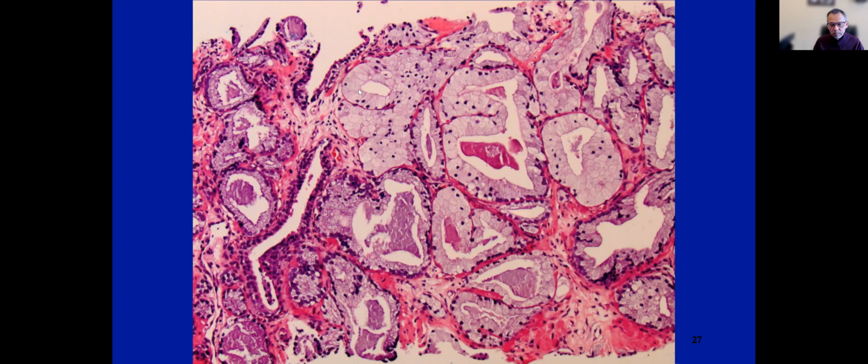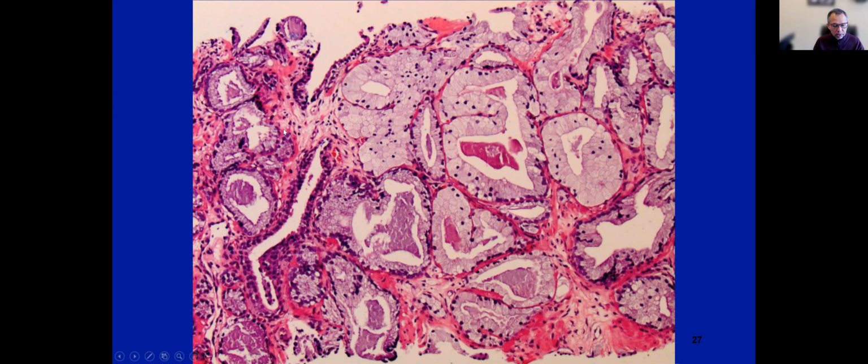So here is an example of a foamy gland cancer characterized by these very pyknotic small nuclei with abundant xanthomatous or bubbly cytoplasm that you are seeing here. So when you see that type of morphology, don't get fooled to call this benign. You have to recognize this as an abnormal process.